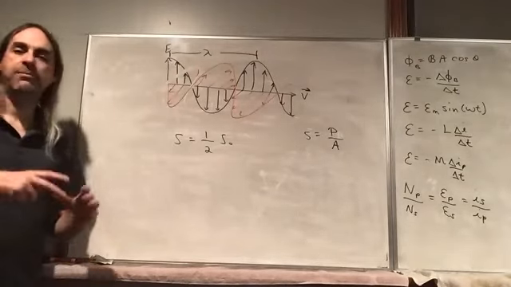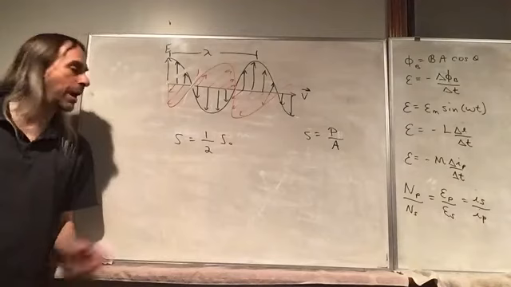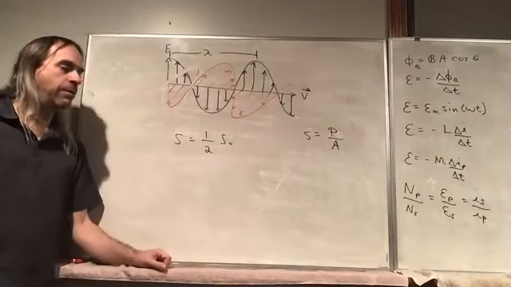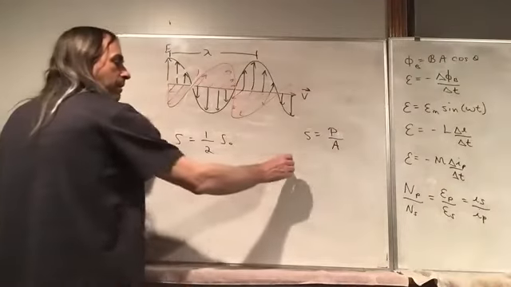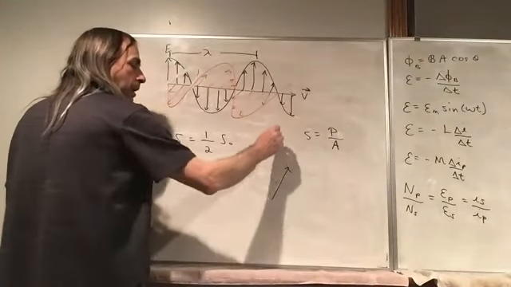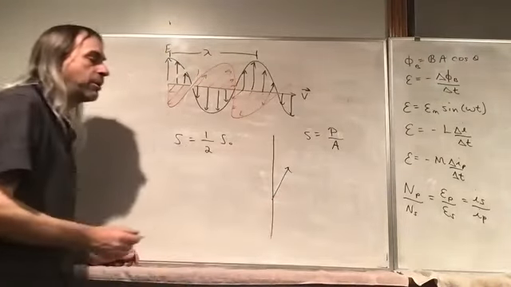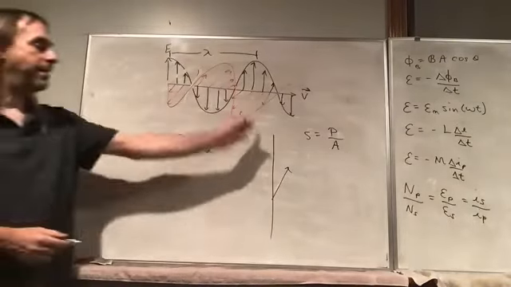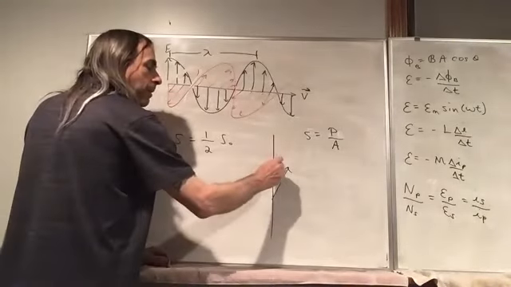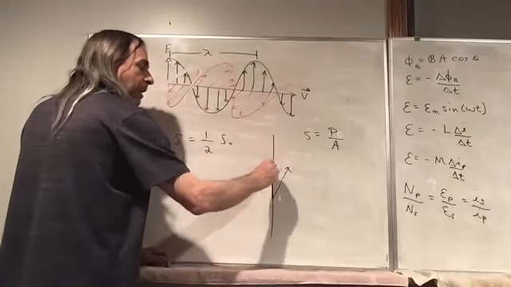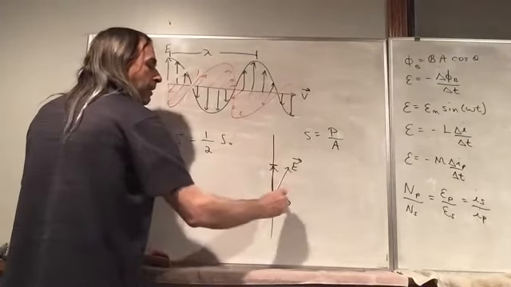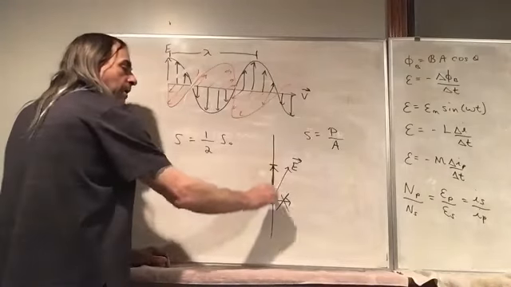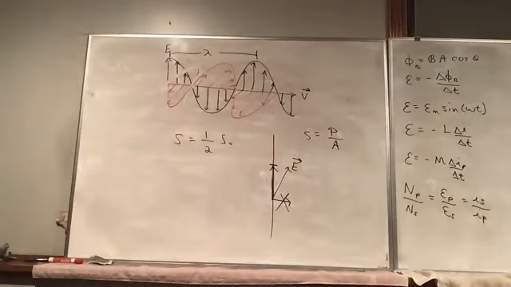So if you shine completely random light through a polarizer, it only lets light go through in particular directions. If you have light in this direction, and it only lets the electric field go through in this direction, we can break this electric field into components. That one's going to get killed off. This one makes it through.